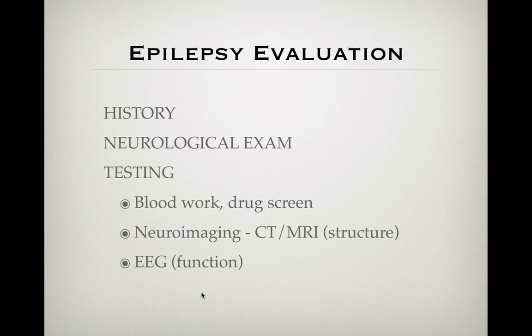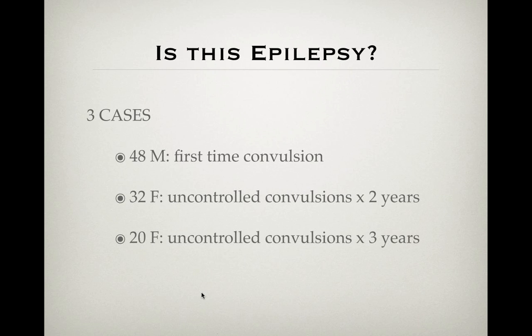Then a detailed neurological examination, of course, and all this testing that we do: blood work and, if needed, a drug screen, imaging, looking at the structure of the brain tissue, and then EEG, the electroencephalogram, which looks at the function of the brain tissue.